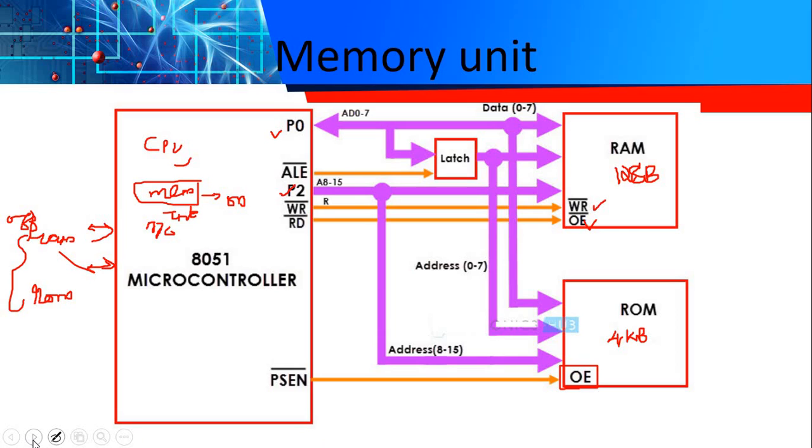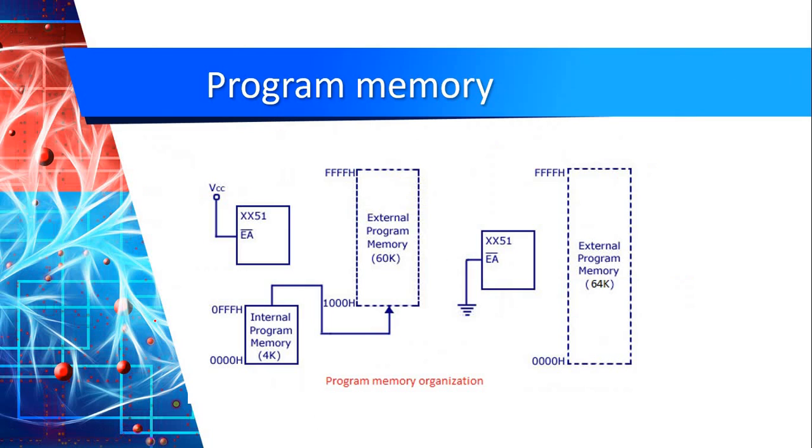Now we will discuss what read-only memory and random access memory are. This program memory is otherwise known as read-only memory. Since it is read-only memory, it will read only the programs from program store enable.